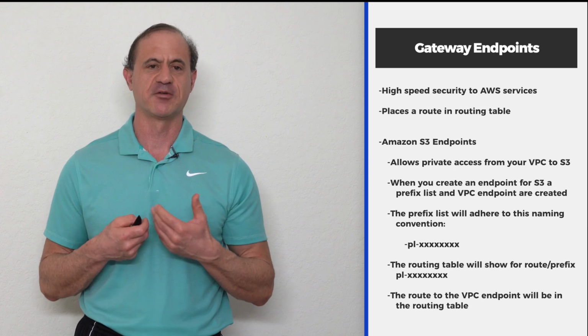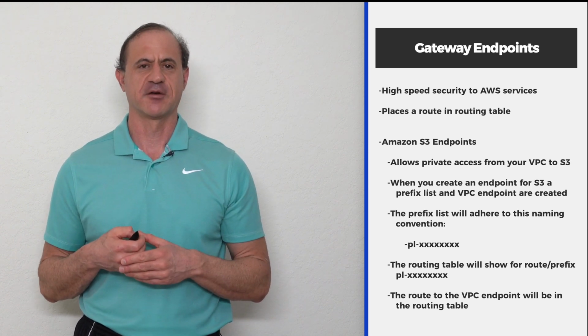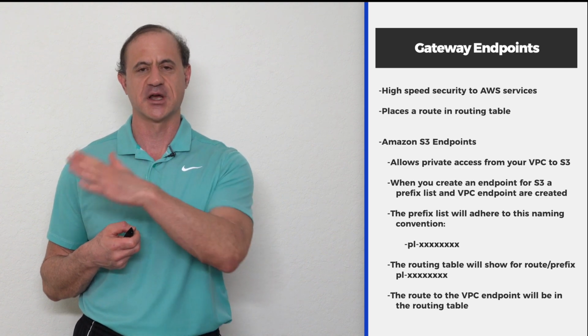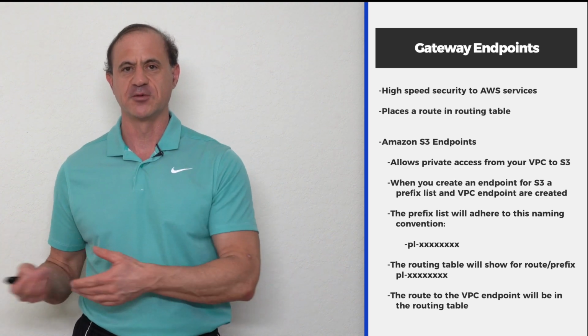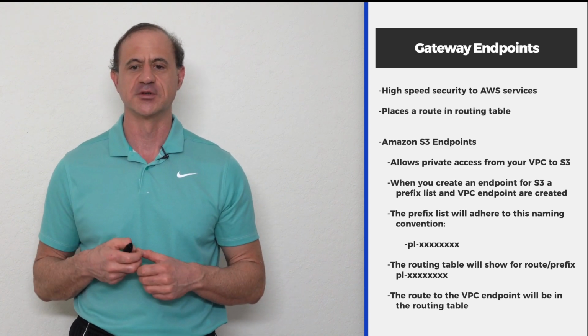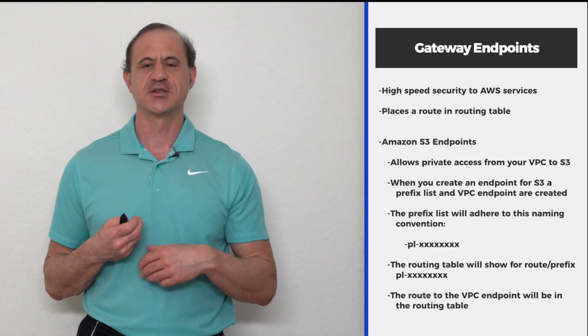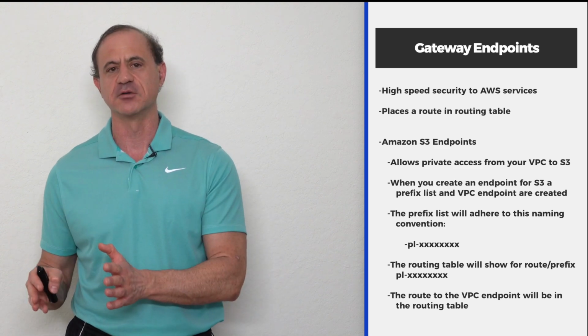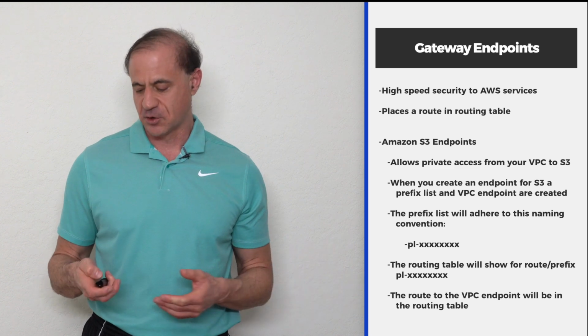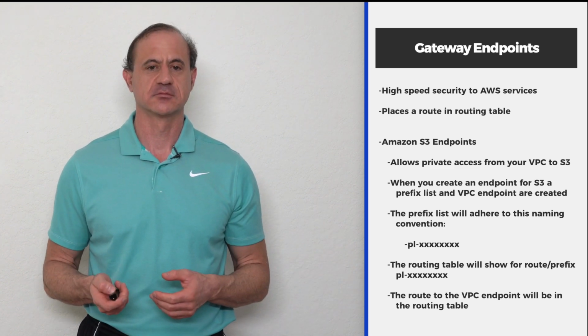If it were a default route, you'd have 0.0.0.0/0. That would be a route that you would typically see. This thing is going to look like a PL dash, and you're going to have a whole bunch of numbers or letters. But the point is it's going to look a little different, but it's really a route to the service. And it's just going to work via traditional routing.